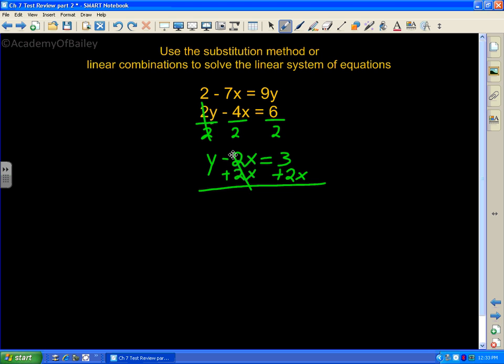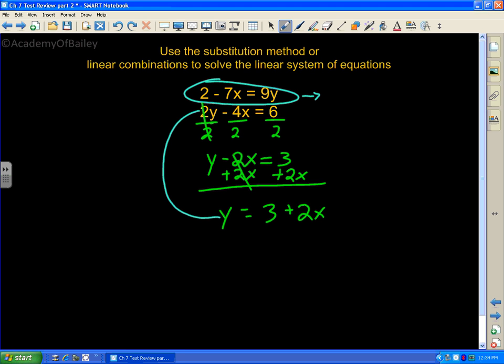We have canceled those out, so now we have y is equal to 3 plus 2x. And now that we know what y is equal to, since we've manipulated the bottom equation to get y equals 3 plus 2x, whatever y is equal to, we have to plug it into the top equation. So we're going to go ahead and do that.